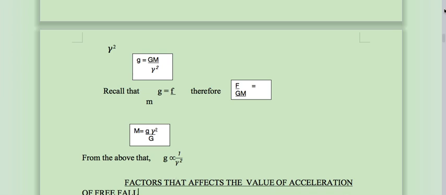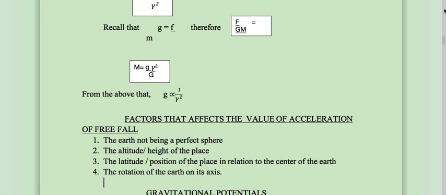Now, factors that affect the value of acceleration of free fall. That means the small g. Or you can say, why does the weight of an object vary? That is the reason we are looking at the factors that affect the value of the acceleration of free fall.